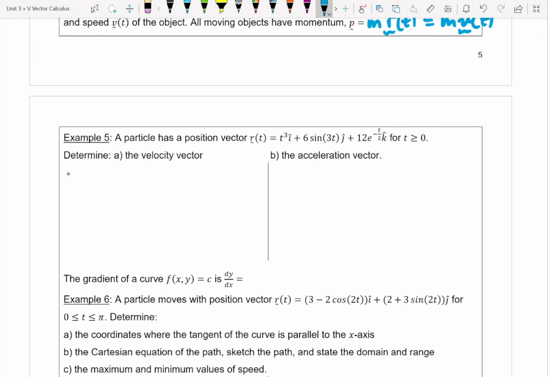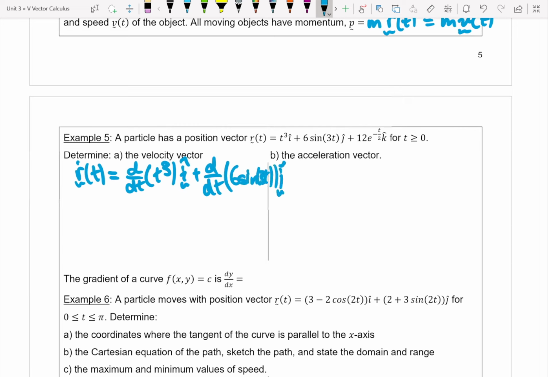Its three-dimensional velocity vector is going to be r dot of t, which is equal to d/dt of t cubed i plus d/dt of 6 sine 3t j plus d/dt of 12e to the negative t on 2 k.